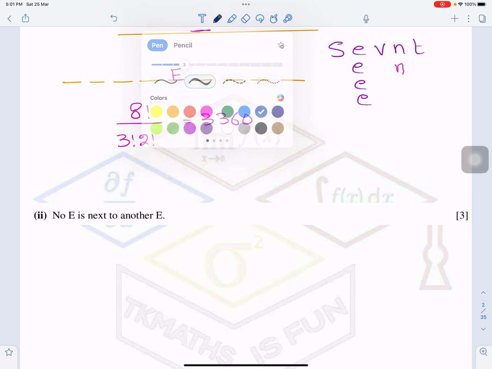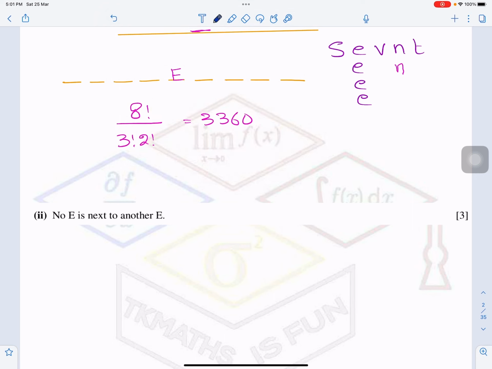Now, no E is next to another E. So if you see, other than E, what are the letters? S, V, N, and T. These are the letters other than E. Now remember one thing: whenever you have to separate letters, the technique I'm going to teach you here will work in all cases. Whether you want to separate 2 things, 3 things, 4 things, or 5 things, it works everywhere.